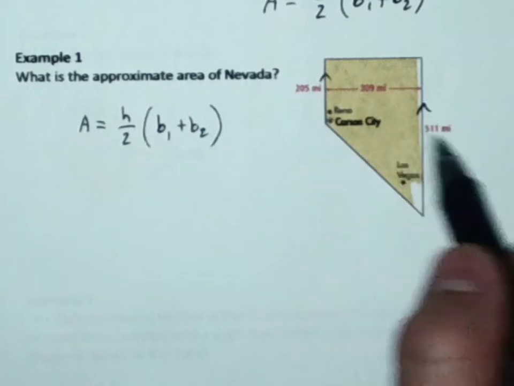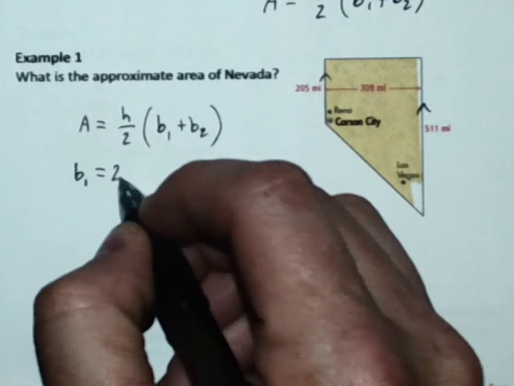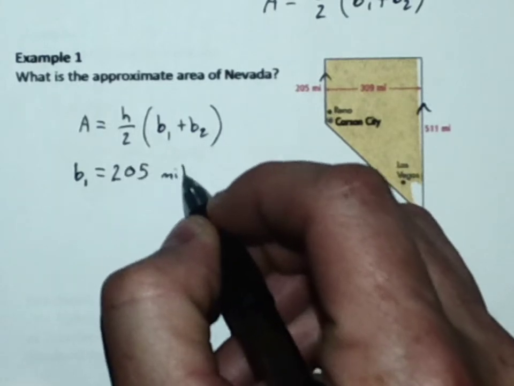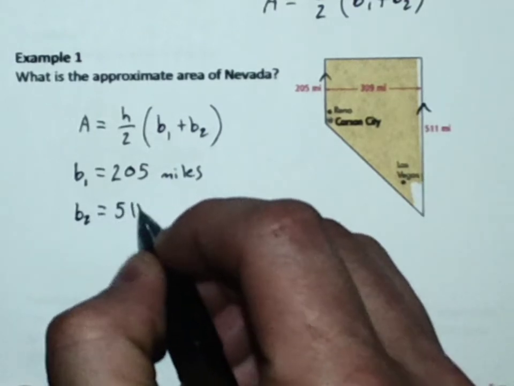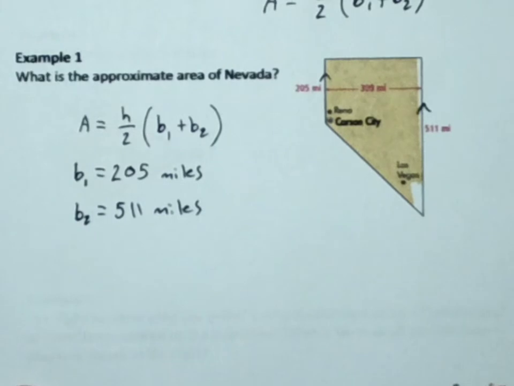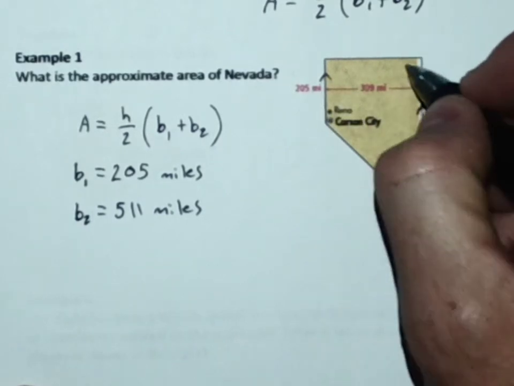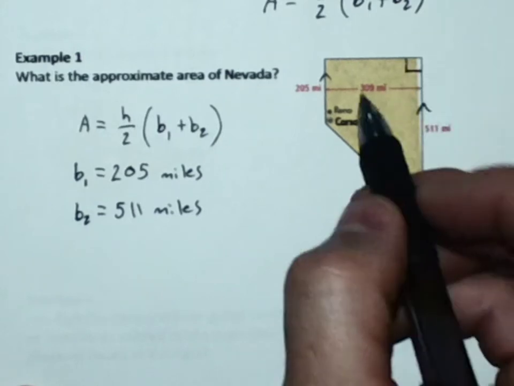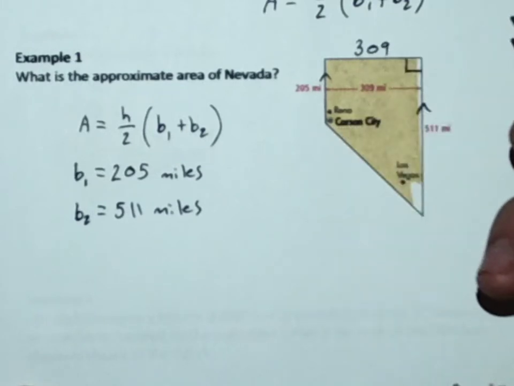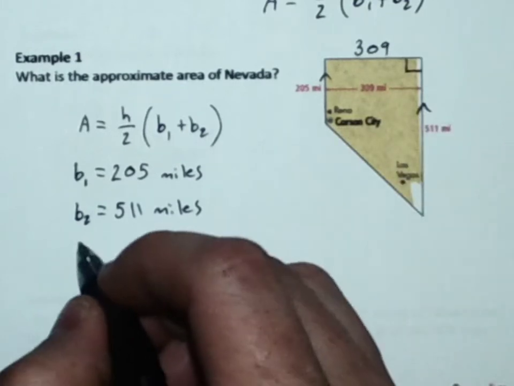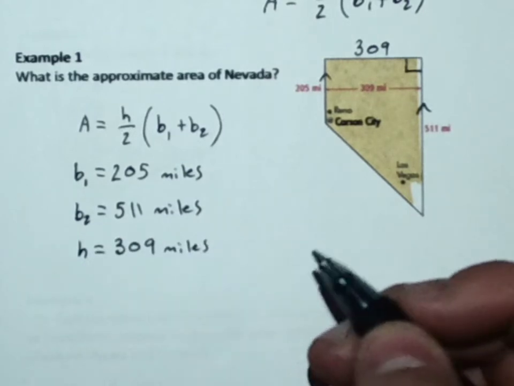So one of our bases is 205 miles. The other base is 511 miles. And the height must come again perpendicular to the bases. So this distance right here, which would also equal this distance up here, is 309 miles. So our height is equal to 309 miles.